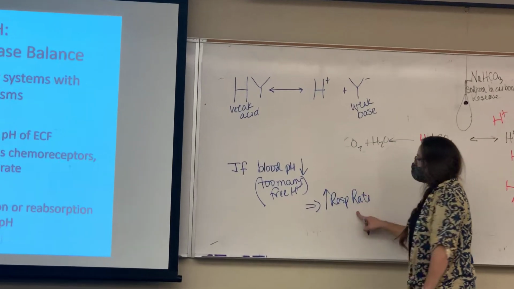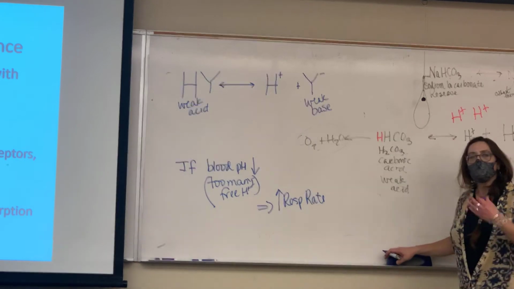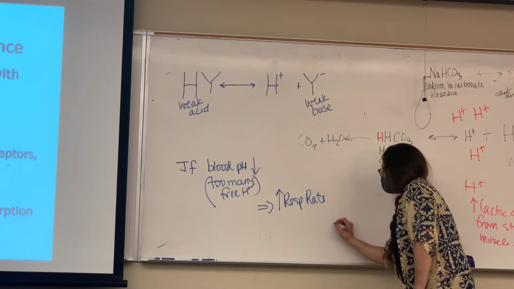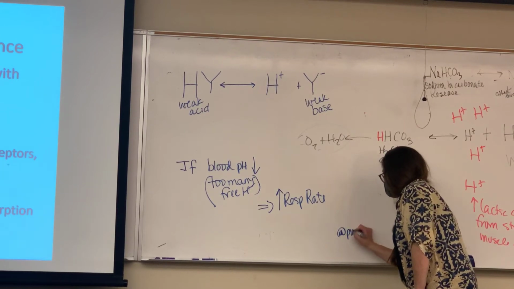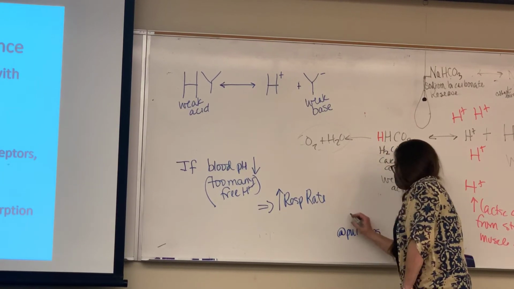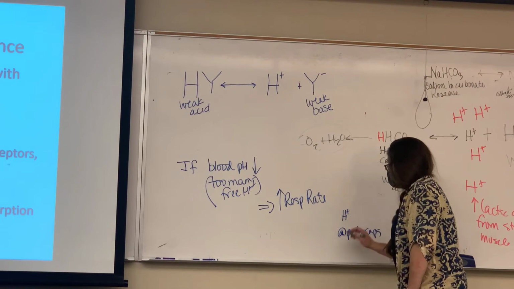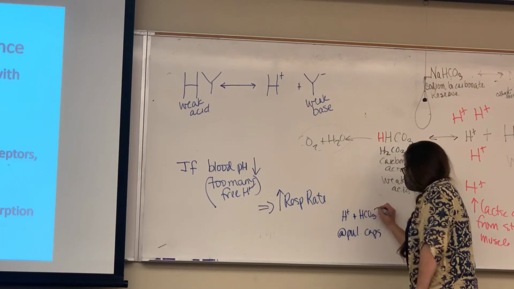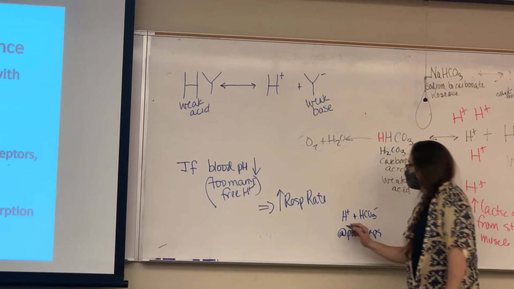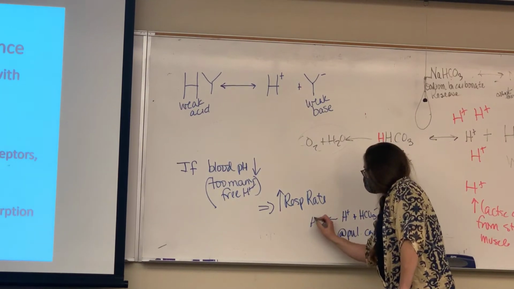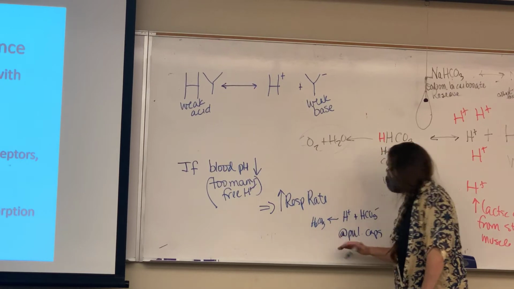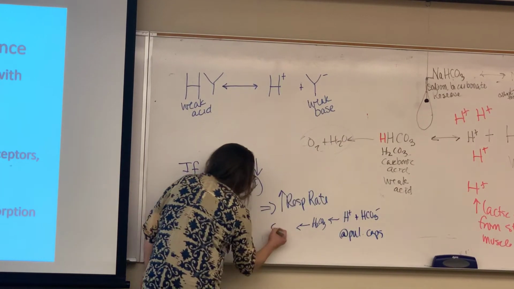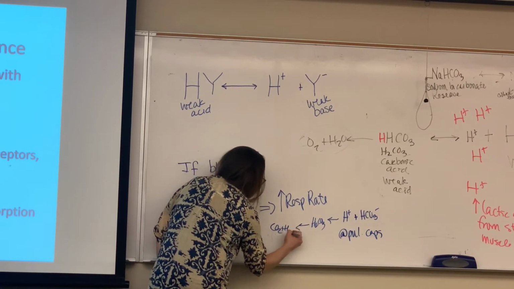And as we increase our respiratory rate, what do we see happening at the lungs? We'll see this happen. At the pulmonary capillaries, you would see hydrogen ions in the blood interacting with bicarbonate ions in the blood. That would form carbonic acid in the blood at the pulmonary capillaries. That would break down into CO2 and water.